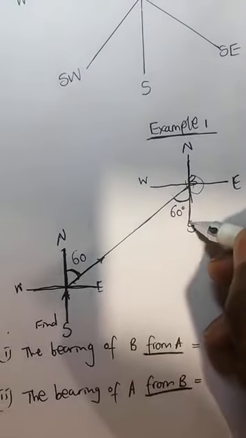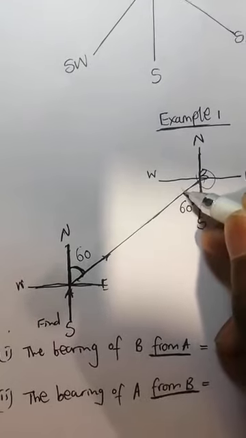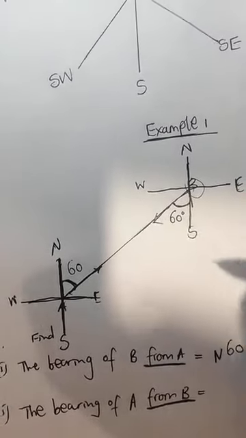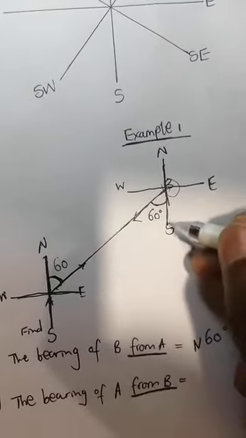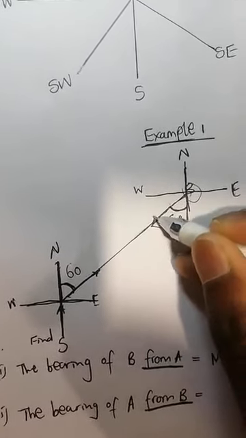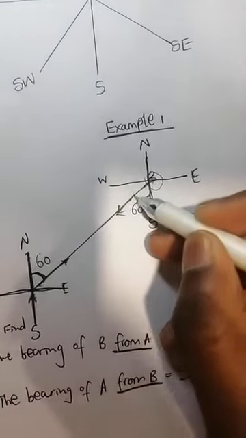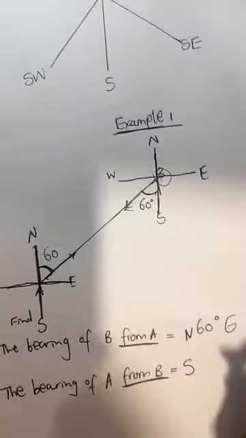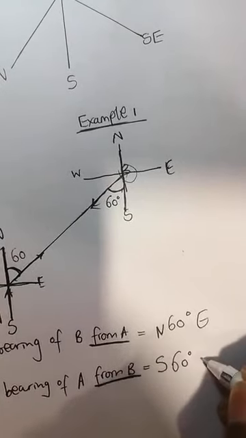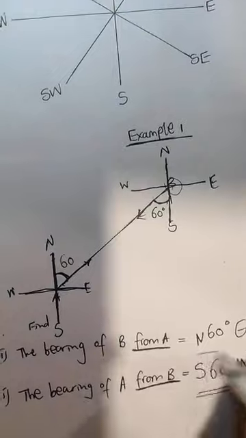So in this case we can move from the south, then this way, then we can go to A. So it's south 60 degrees west, 60 degrees west. You are done when you do this.